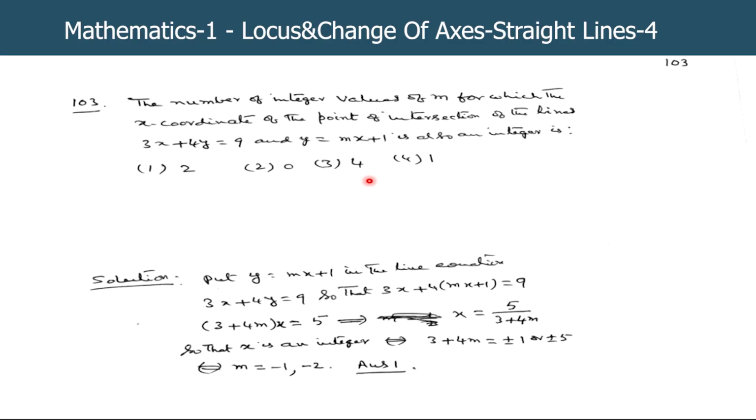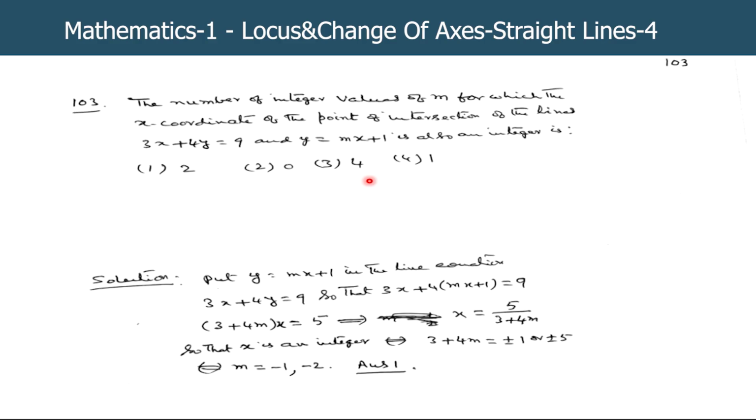So x is an integer if and only if 3 plus 4m divides 5. That is, 3 plus 4m is equal to plus or minus 1 or plus or minus 5. But m equals minus 1, minus 2 are the only two integral values of m such that the x coordinate of the point of intersection is also an integer.